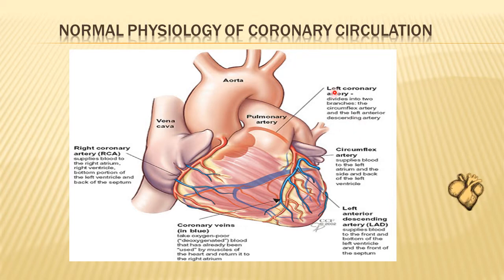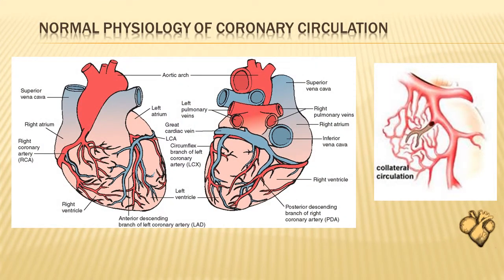You can read each one of these, but just the basic ones: you have your left coronary artery right here, which goes down to the circumflex, and then the left anterior descending, which supplies quite a bit of the heart. The right coronary artery is the main vessel, also on the right side, and that goes around to the back. The blue veins are basically the coronary sinus, carrying blood after the heart muscle has used up the oxygen.